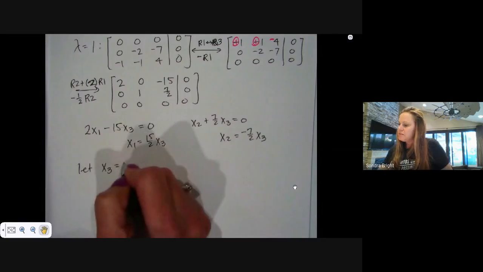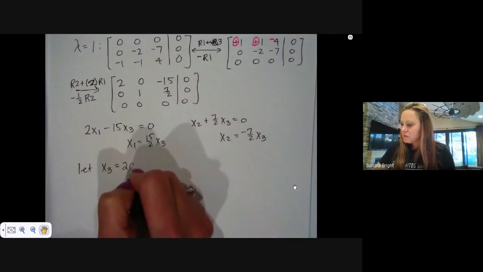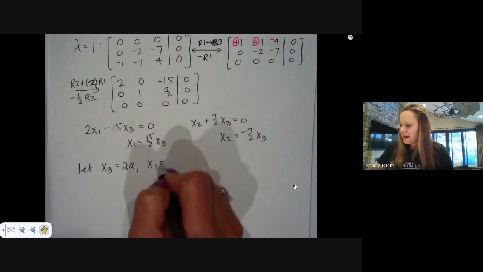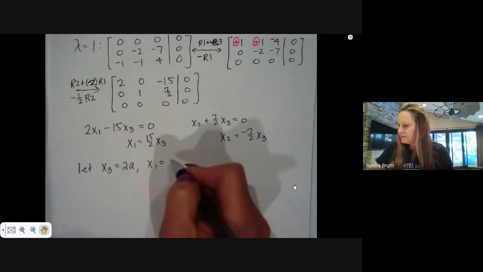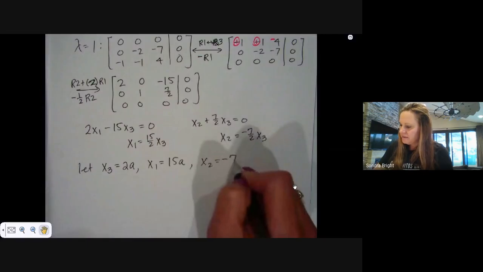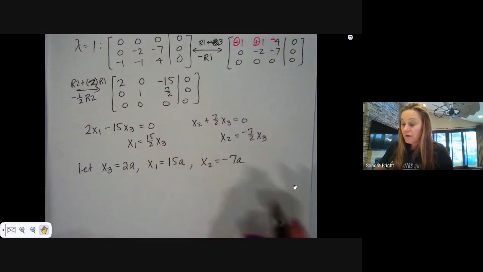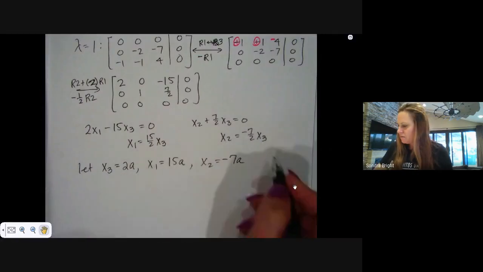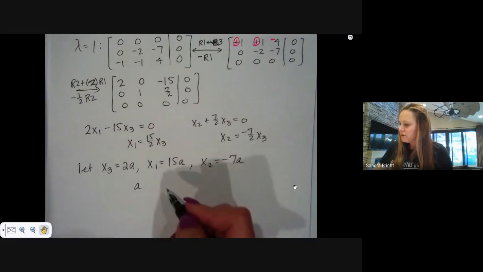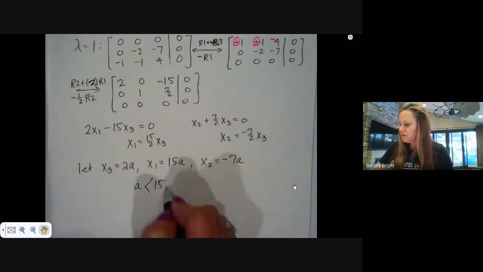So if x3 is equal to 2a, then x1 will equal 15 times a, and x2 will equal -7 times a. So my eigenvector, I'm going to go ahead and factor out the a right now, would be x1 first, so 15, then x2, and then x3.